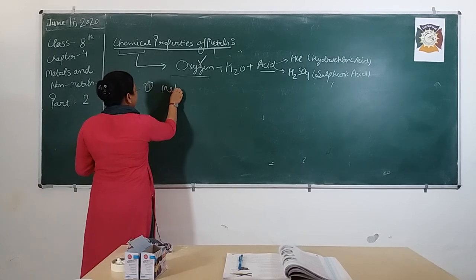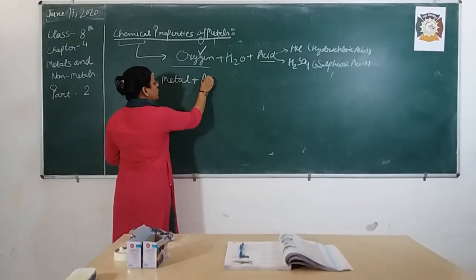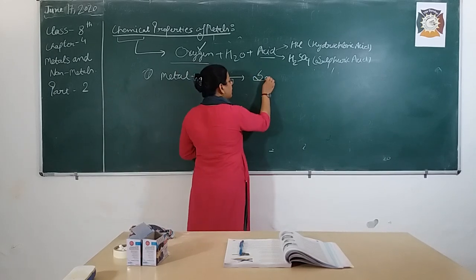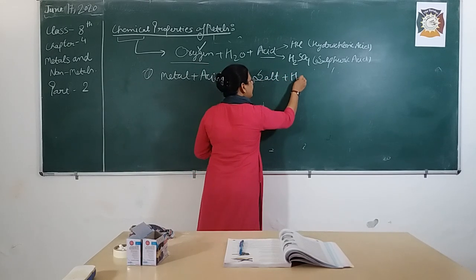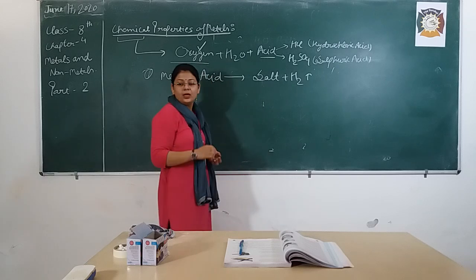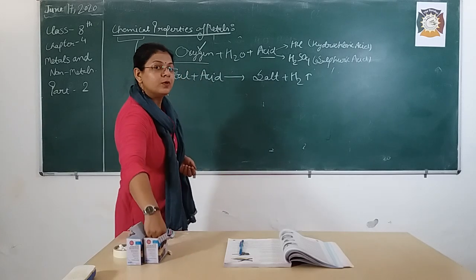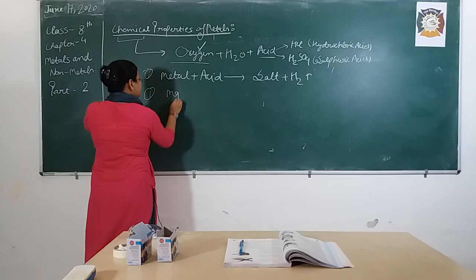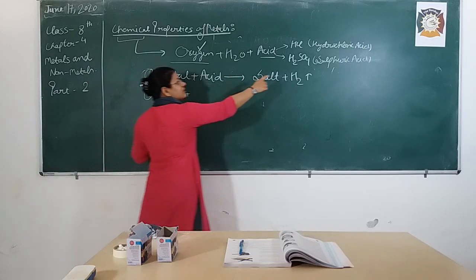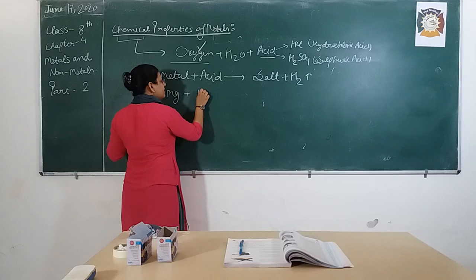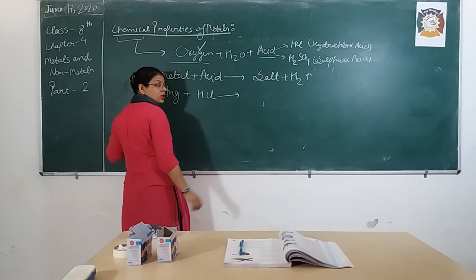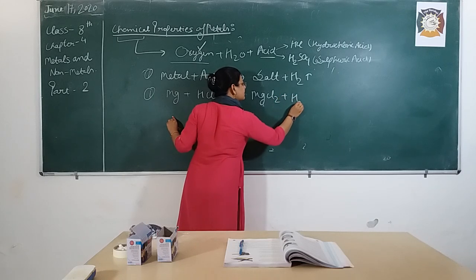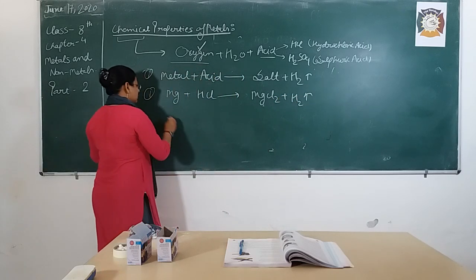When a metal reacts with acid, it leads to the formation of, remember this, salt, and hydrogen gas is going to be evolved out. The first example is magnesium with acid. We are going to discuss these two acids. When it reacts with hydrochloric acid, the salt formed is magnesium chloride and hydrogen gas is removed out.